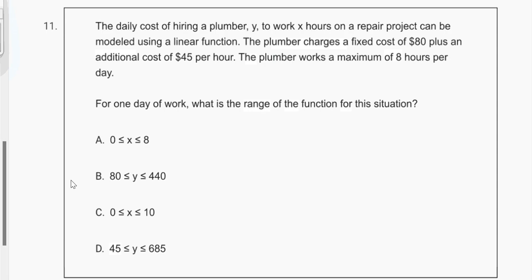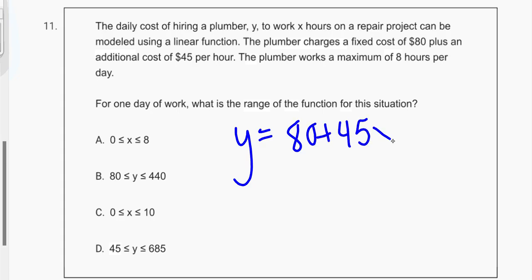So I'm going to go ahead and just write an equation to represent our situation here. So I have y equals 80 plus 45x. So x represents my number of hours and y is the total cost. So the plumber works a maximum of 8 hours.